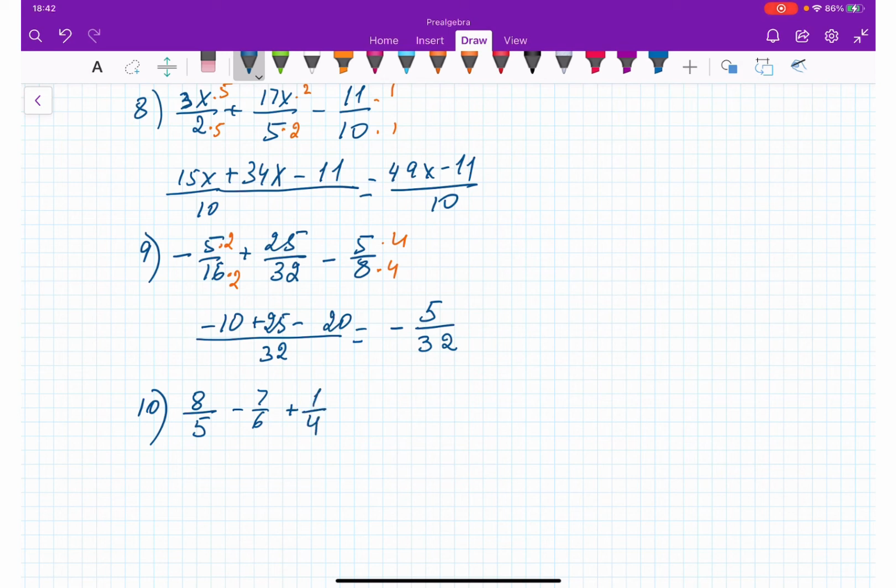What is the common denominator going to be? 30, 40, it's not going to work. 5 is going to be our prime number. So for 6 and 4, the common denominator is 12, and 12 times 5 is going to be 60.